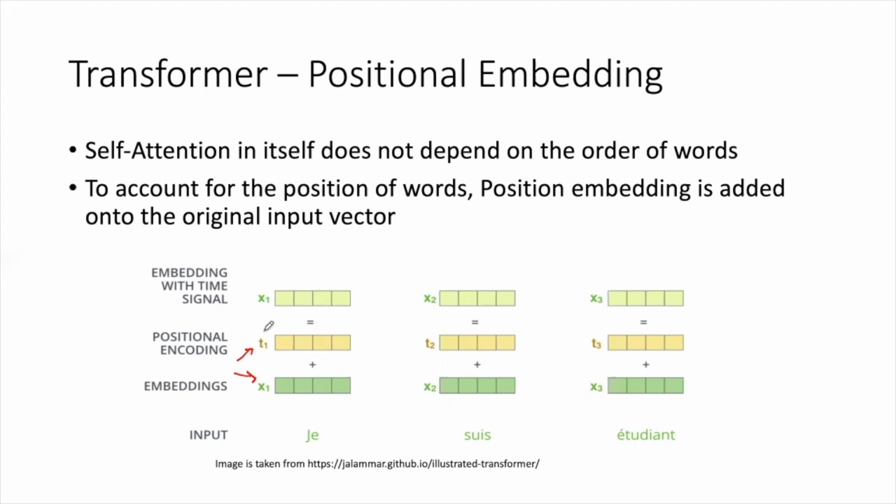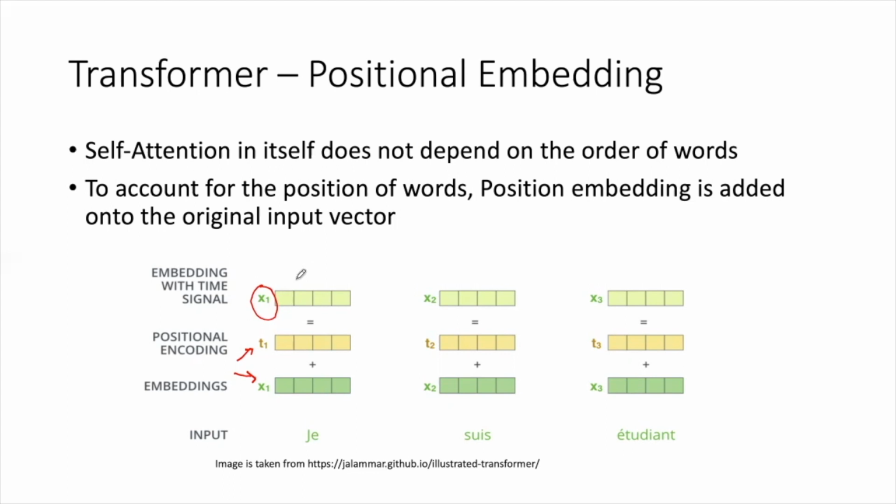It does not depend on what word is at the first position. Irrespective of what word x1 is, there's a fixed vector corresponding to this position that is added to x1, and a new vector is generated. This vector is provided to the encoder. That's how it typically works.